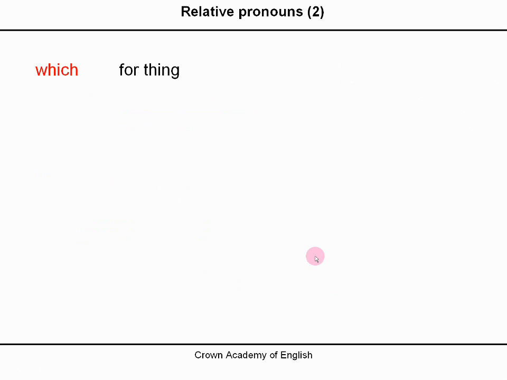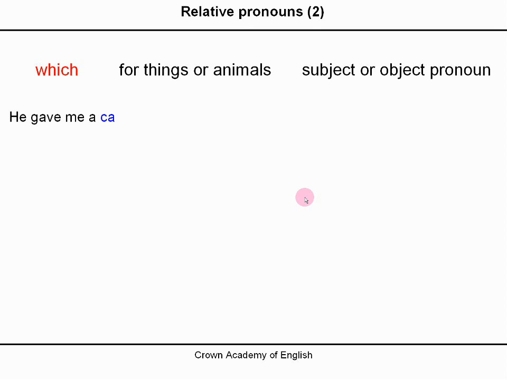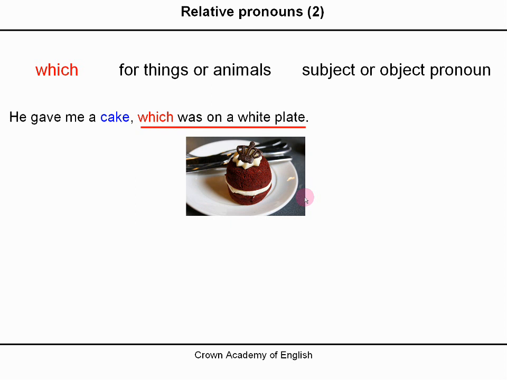Which. This is for things or animals, and it can be a subject or an object pronoun. Example: he gave me a cake, which was on a white plate. Which was on a white plate.